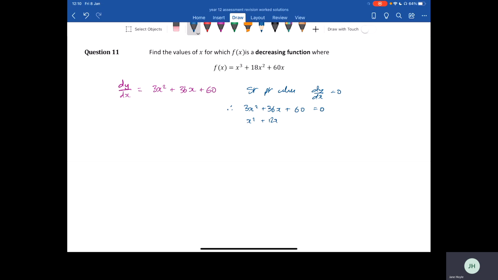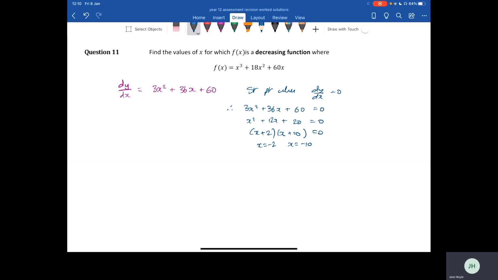Don't divide through by any x's, but of course I can divide through just by a constant. Does that factorize? Oh yes, of course it does. 10 and 2. (x plus 2)(x plus 10) is equal to 0. So x is negative 2 and x is negative 10. So what this tells us is that we've actually got 2 stationary points.